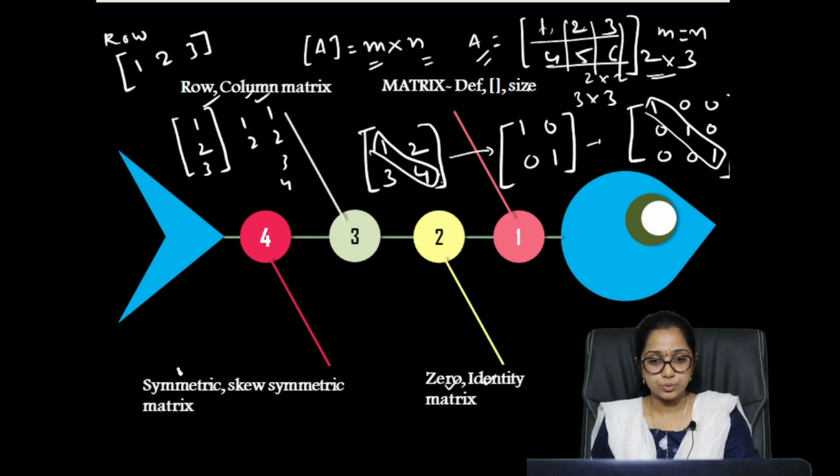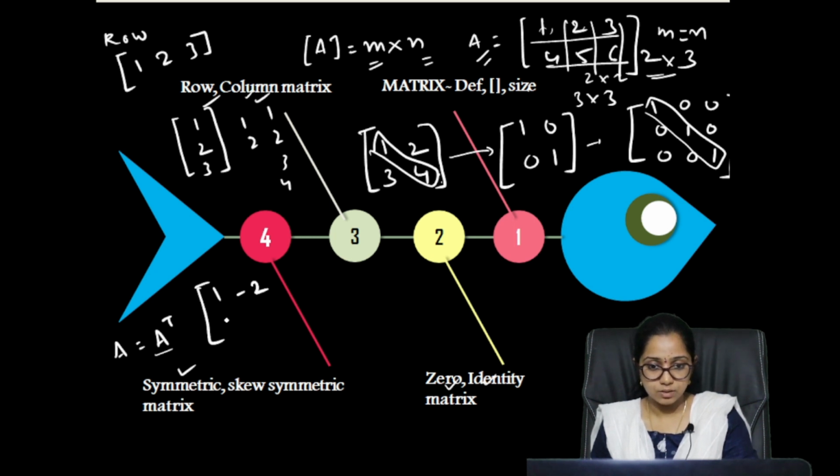Coming to the symmetric matrix: a matrix is symmetric if A is equal to A transpose. Here comes the question: what is A transpose? Simply, the interchange of rows and columns is called the transpose of a matrix, to be precise.